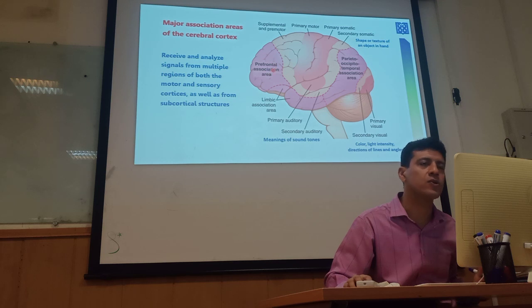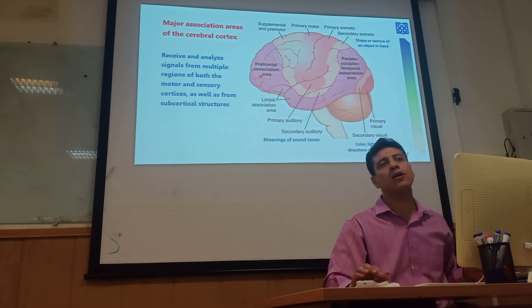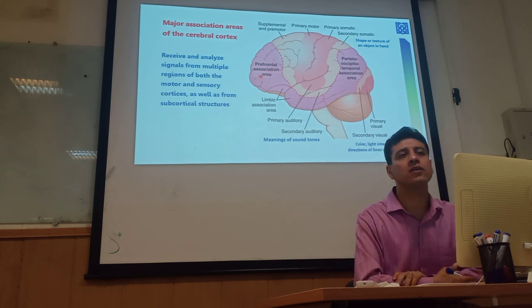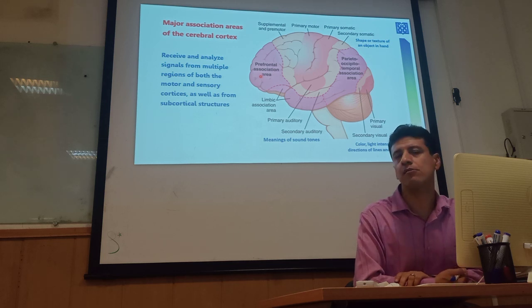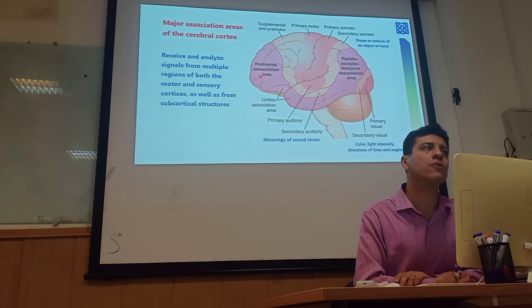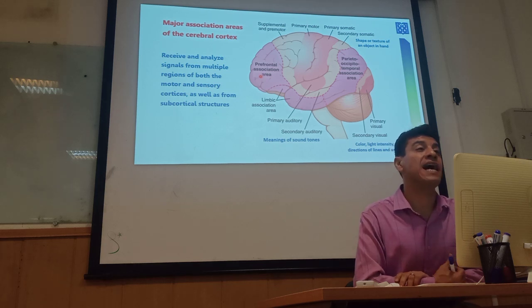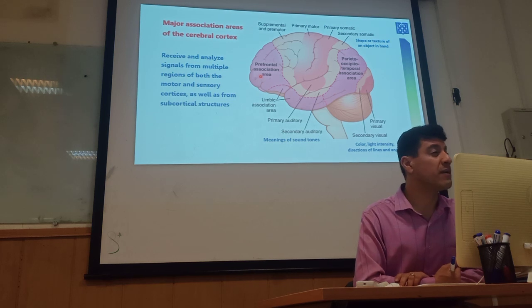So different types of senses are combined here in the parieto-occipitotemporal association area. And the prefrontal cortex is an area which is not involved in sensation, not involved in motor performance. It's important for thinking processes and also higher order planning of movement. Remember, yesterday I talked about the cortex circuit. I told you that it's important for cognitive control of movement.